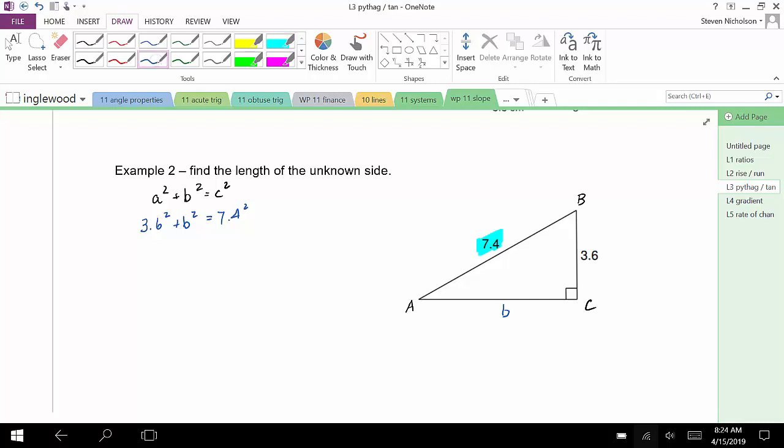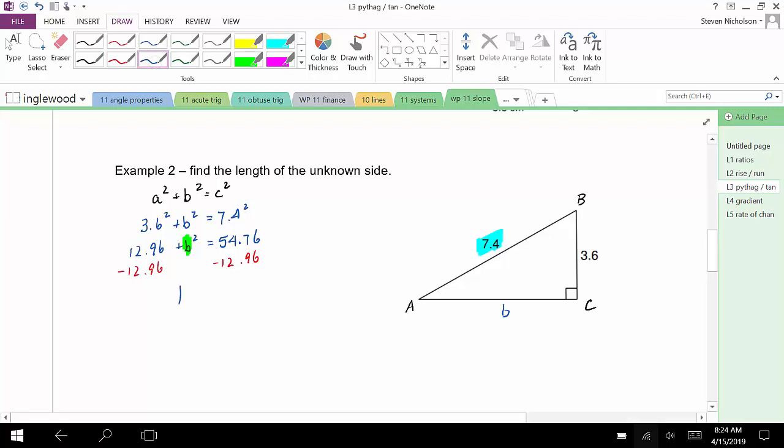So again, we'll get in the habit, first of all, of expanding out these squared terms just to get plain old numbers. And then in this case, this is where it's different from the example above because the numbers aren't together. So what we ultimately want to do is get b by itself. So we have to move the 12.96. And the way we move 12.96, again from our grade 8, grade 9 equation solving, is we add the opposite.